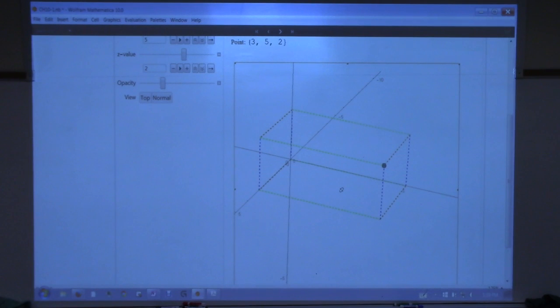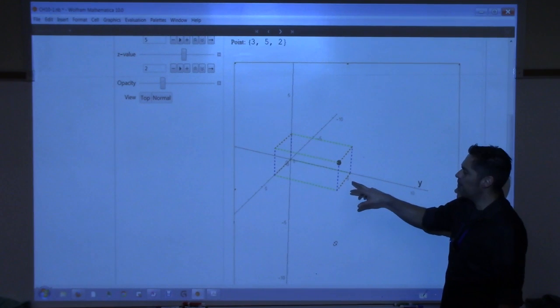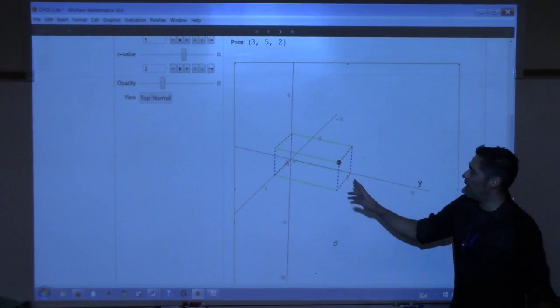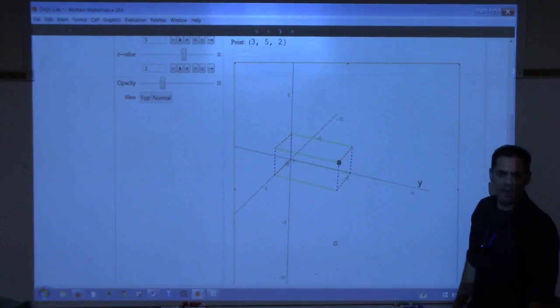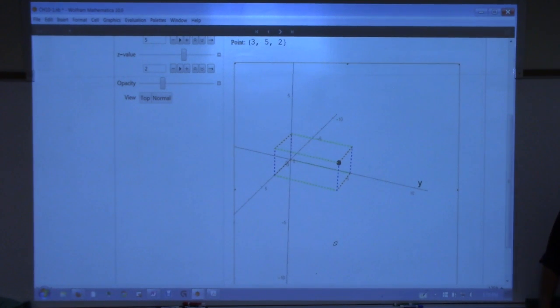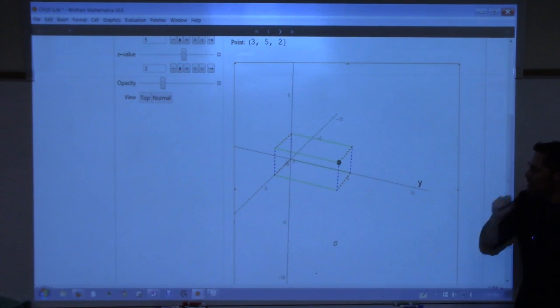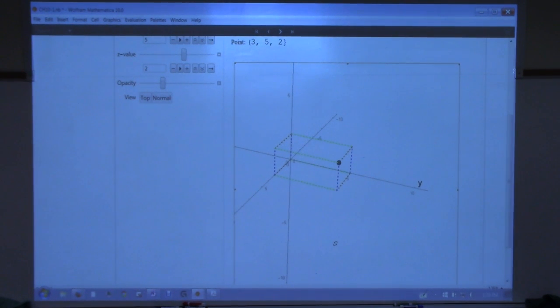So I want to show you on this point that everyone has, hopefully on their sheet of paper. It's very difficult without these reference dotted lines to tell where that point is, right? Just from different perspectives, it could be in different places. So those dotted lines kind of help us see it. How far away from the, like there's the ground, right?